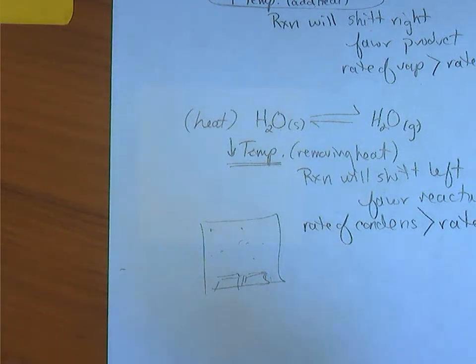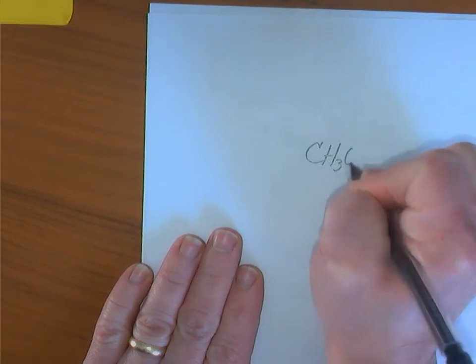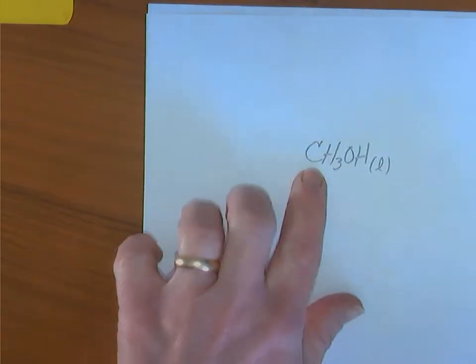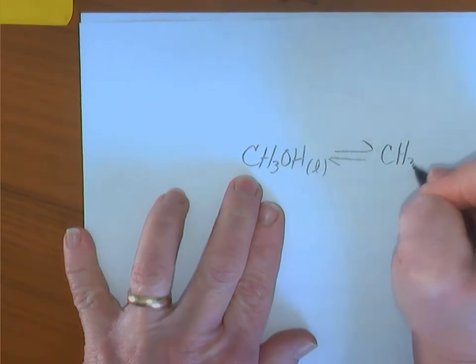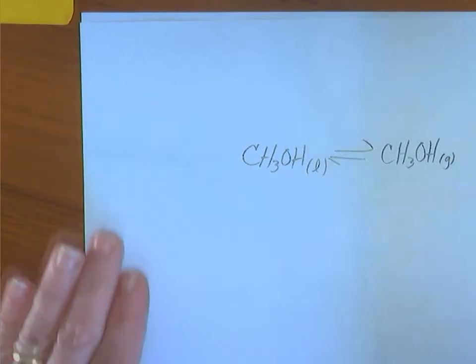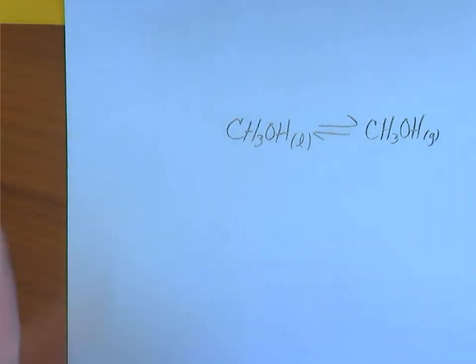What about a change of volume or a change of pressure? So let's just generically say that we have, how about some liquid methanol, and it is in equilibria with its vapor. Okay, and it's at a certain temperature, so it's worked out its balance.